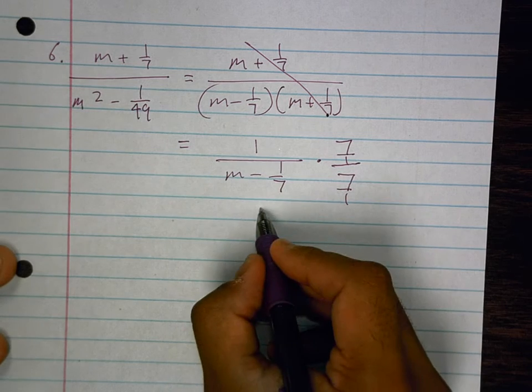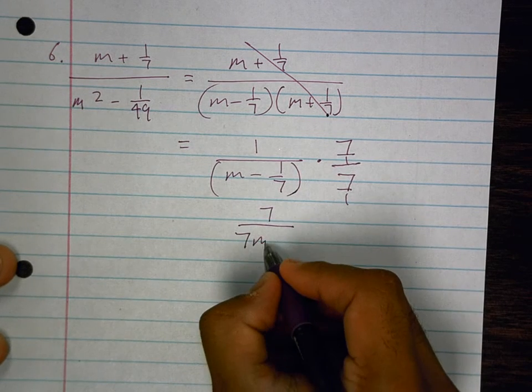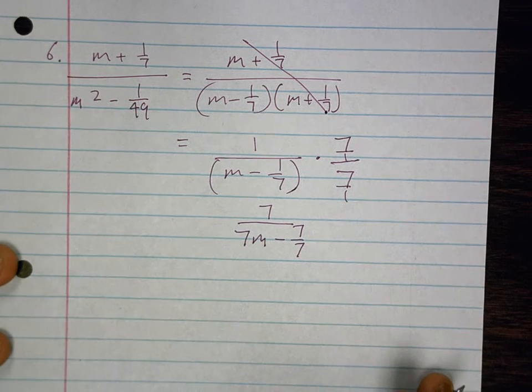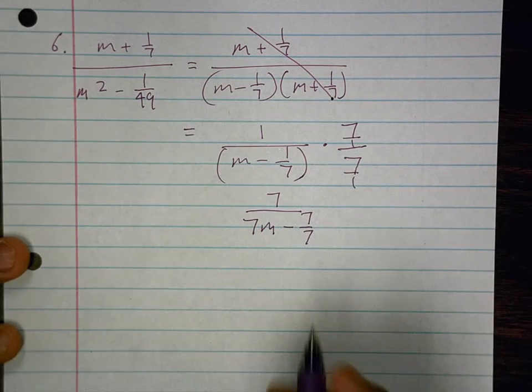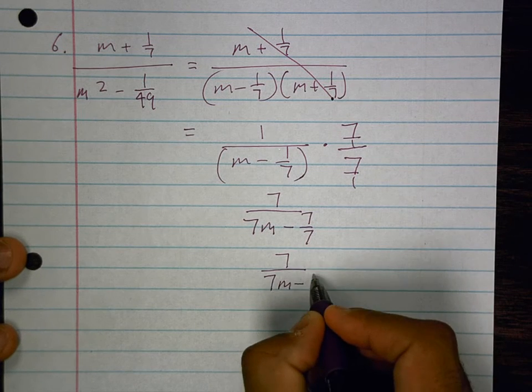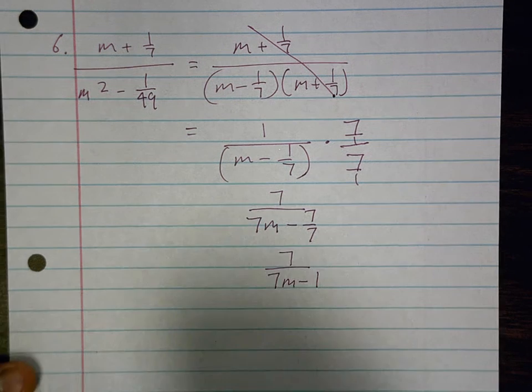So up top we get 7 over, and then we're going to distribute this in 7m minus 7 over 7. And then that equals 7 all over 7m minus 1. Okay. We can do 12.